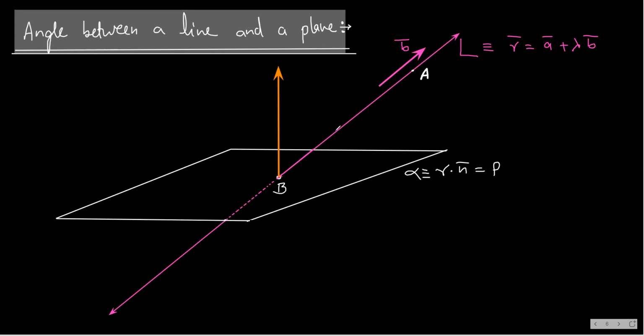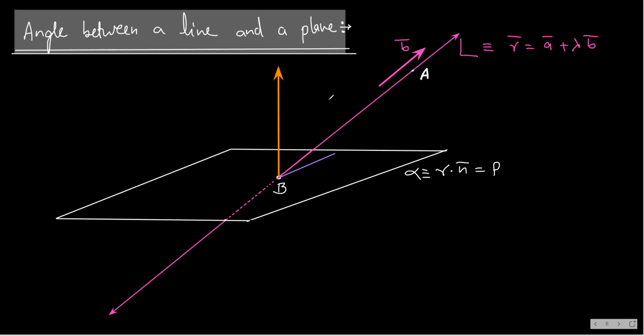Now, this line, if I project the line, then I will get the projection of the line on the plane. And see, this here is the projection line. It is this way. Remember that this projection line is on the plane.